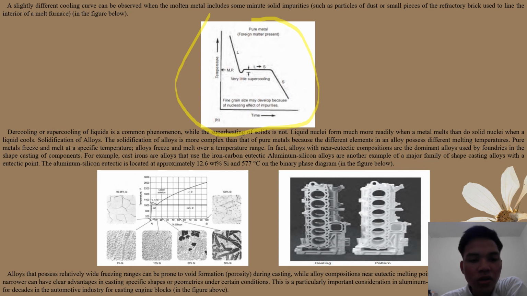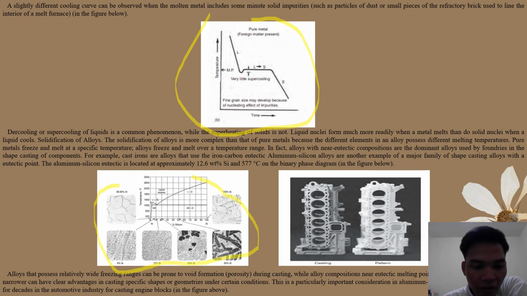The aluminum-silicon eutectic is located at approximately 12.6 weight percent silicon and 577 Celsius on the binary phase diagram in the picture below.